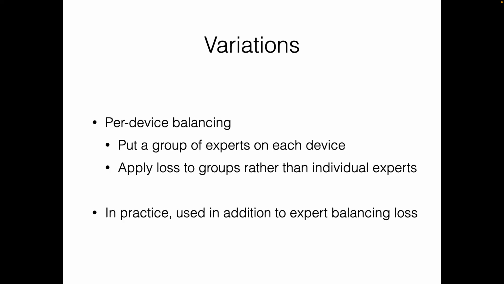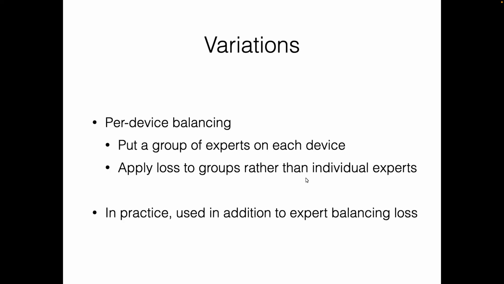You could still get into the situation where more things are being routed to certain devices versus other ones. And so another trick you can do is basically do the loss, but instead of having the loss be on experts, it's on devices, or in general on groups of experts.